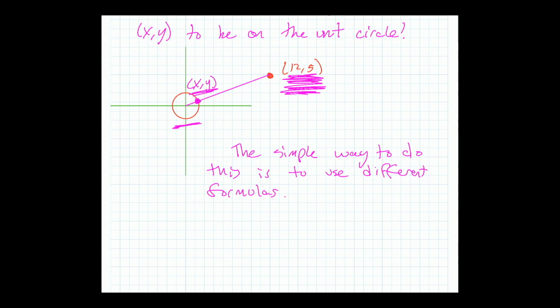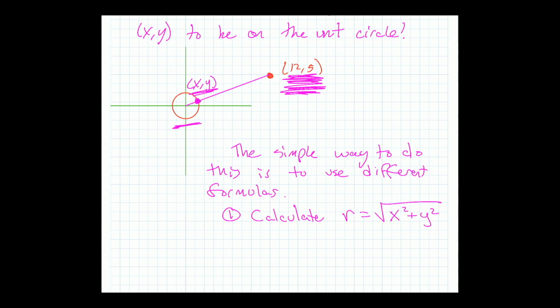The adjustment factor to deal with the fact that the point is not on the unit circle is as follows. First, you're going to calculate a new thing called r. Calculate r equals the square root of x squared plus y squared.